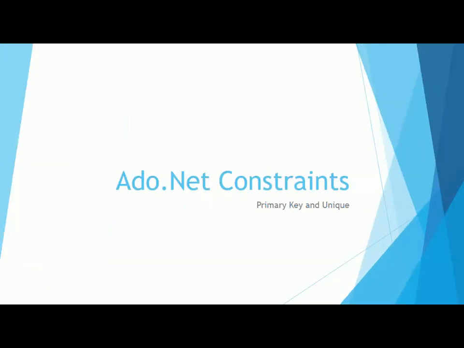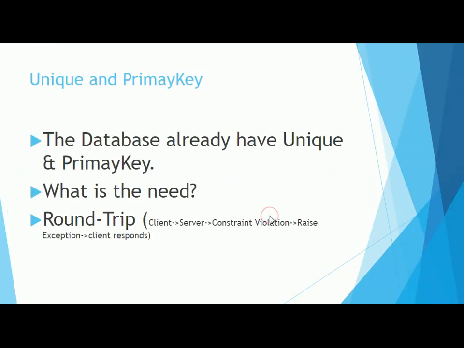In this video, we will see how ADO.NET constraints, especially primary key and unique key, work with the data table. We know that the database already can provide the data integrity constraints, unique and primary key.